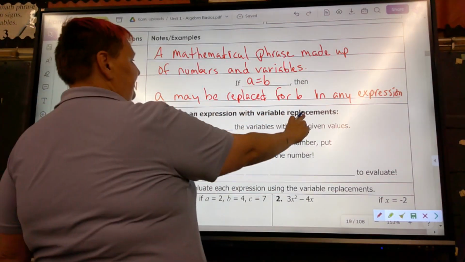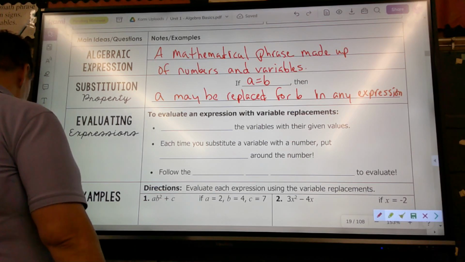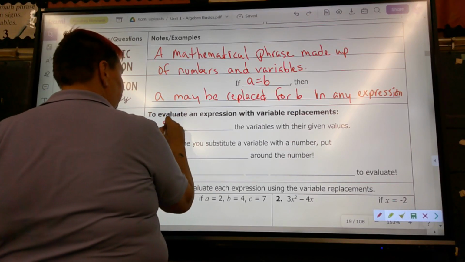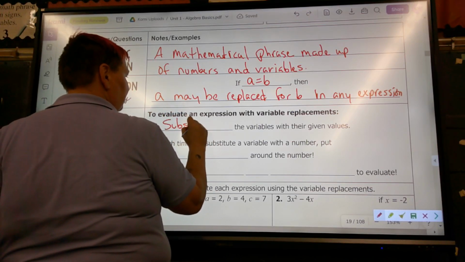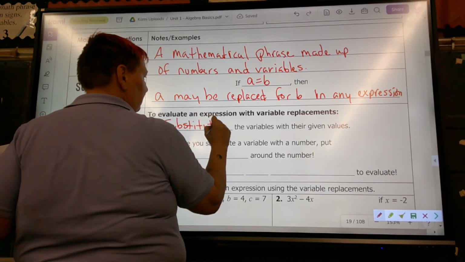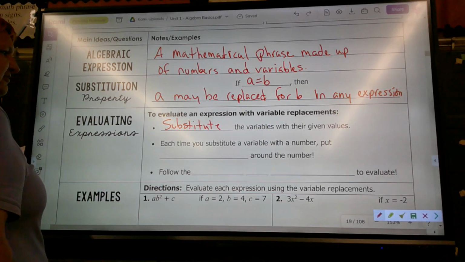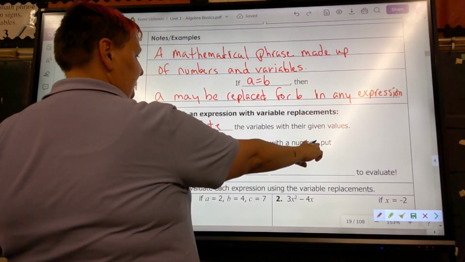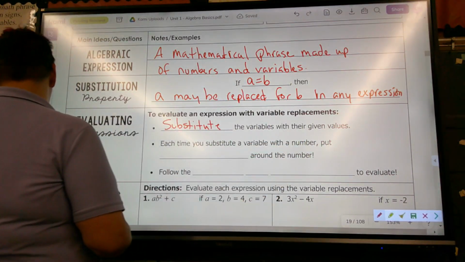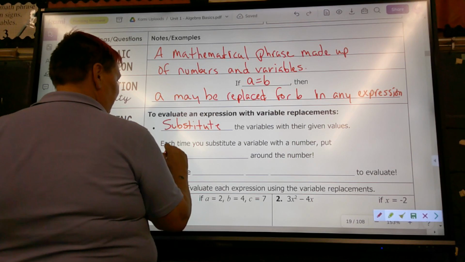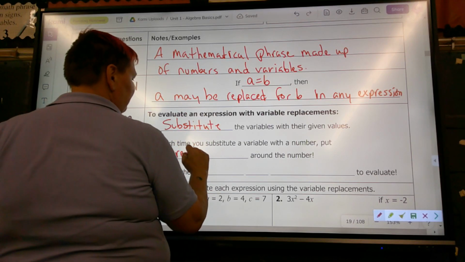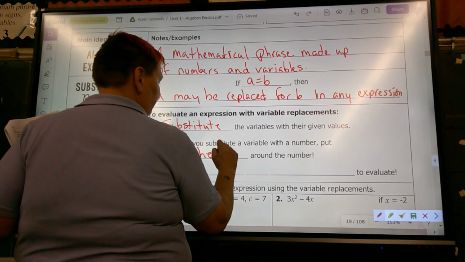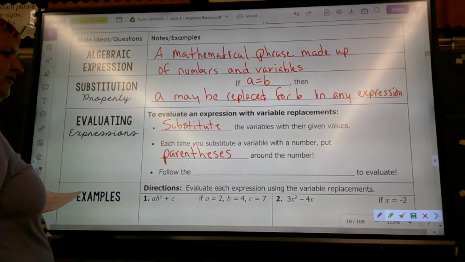To evaluate an expression with variable replacements, substitute the variables with their given values. Each time you substitute a variable with a number, put parentheses around the number so that you know what you substituted.